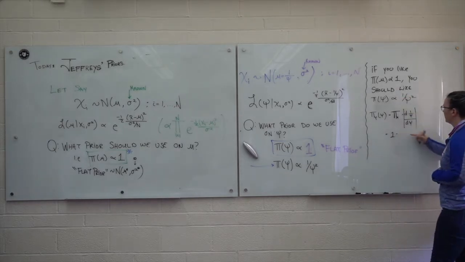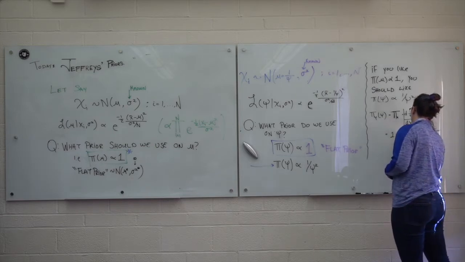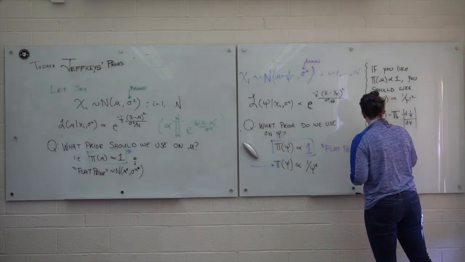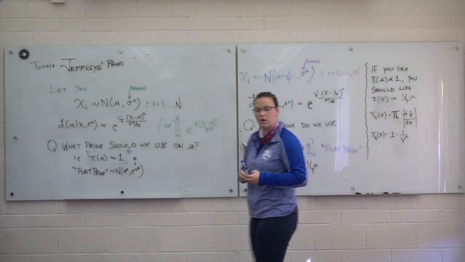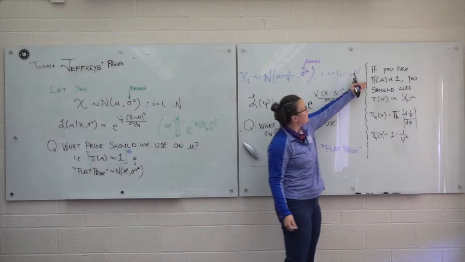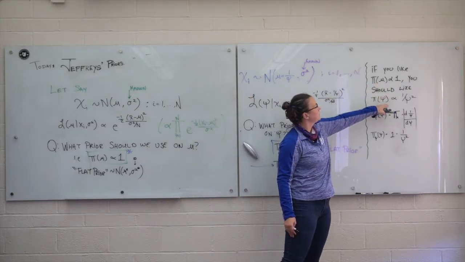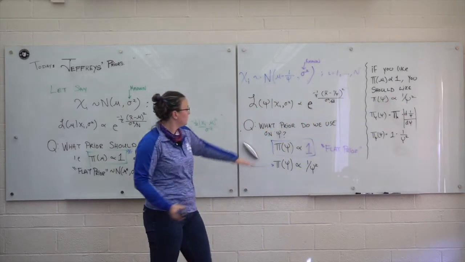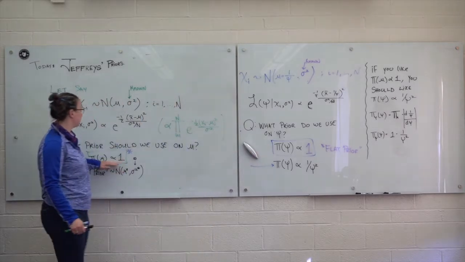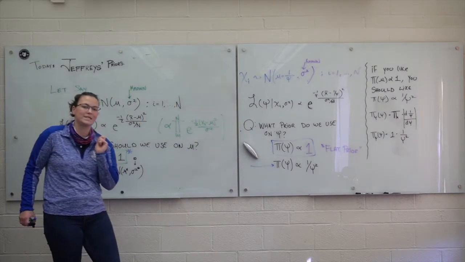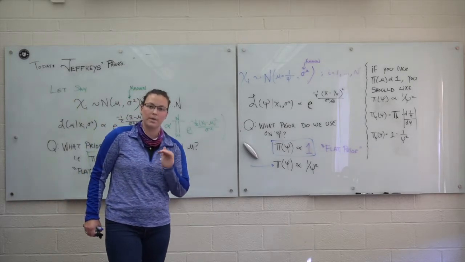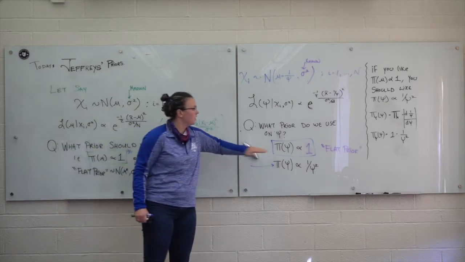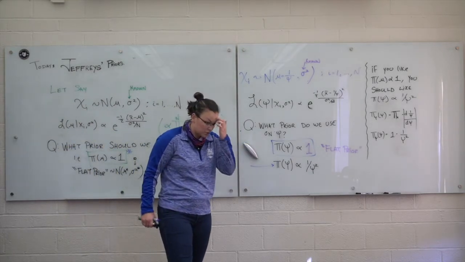Now taking the derivative of 1 over psi is 1 over psi squared. So just through simple math laws, if you like the flat prior on mu, then you should like 1 over psi squared. If you like this flat prior and you like this flat prior, you're being inconsistent. And that is what we're about to look at, is why if we do an overall flat prior, are we being inconsistent? So let's look at this.